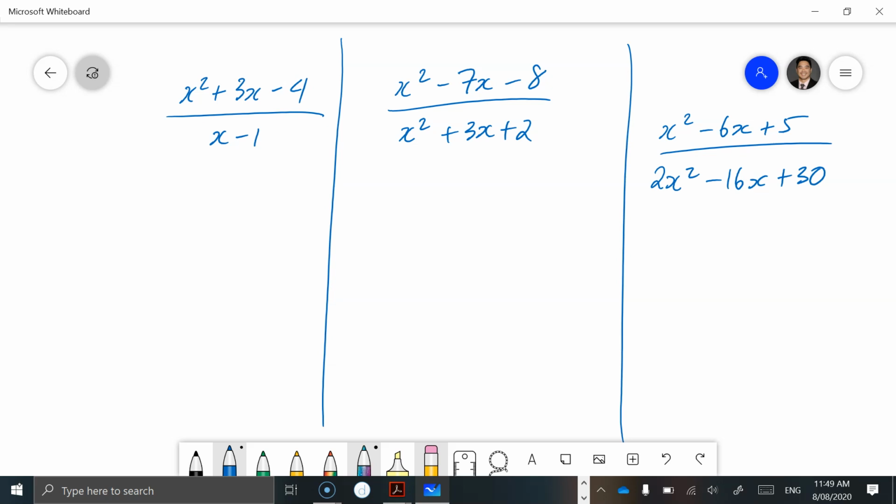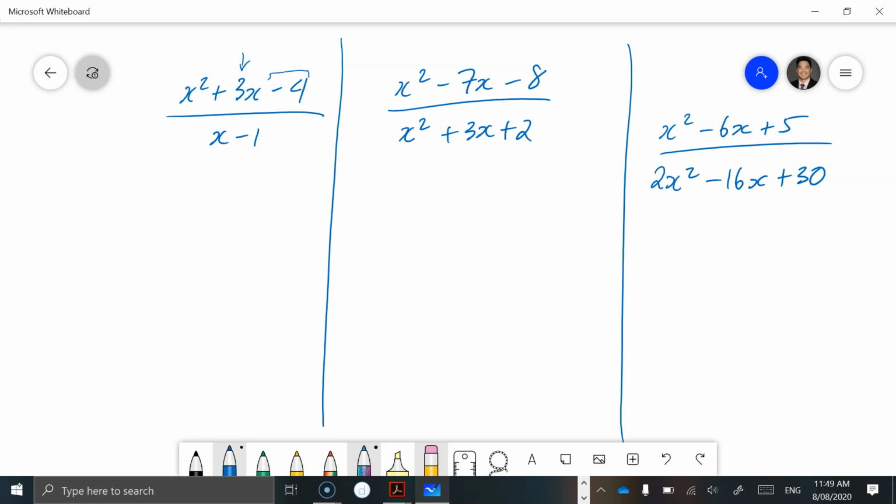Okay, so looking at this top expression on the left, it is a monic expression. Okay, monic expression meaning that there's a coefficient of 1 of x squared. So we need factors of minus 4 that add up to positive 3.